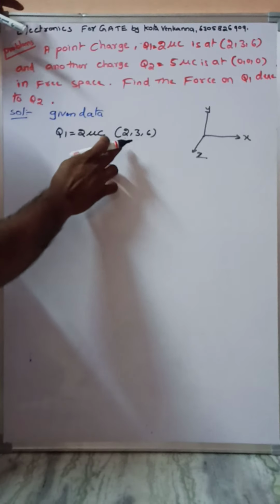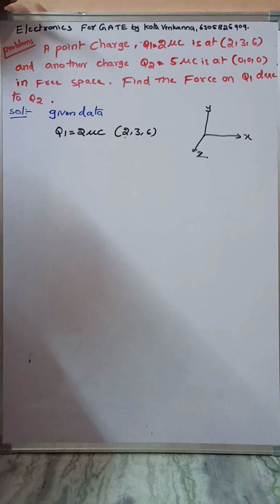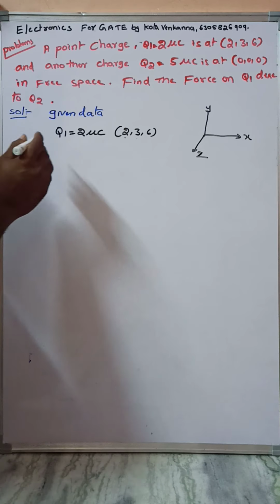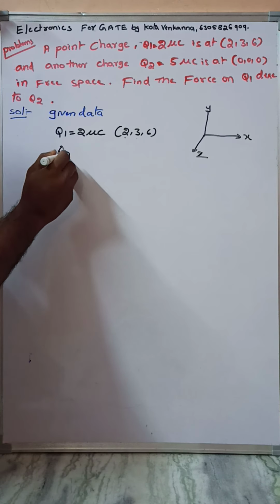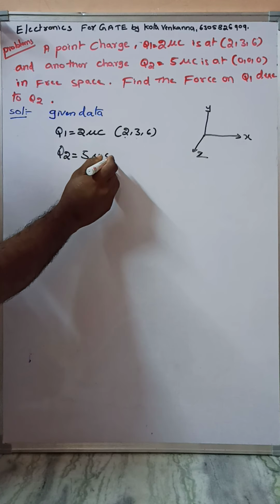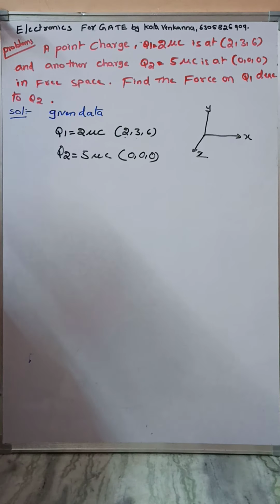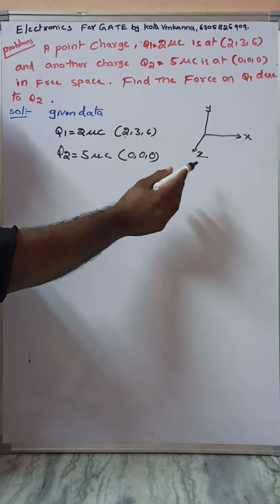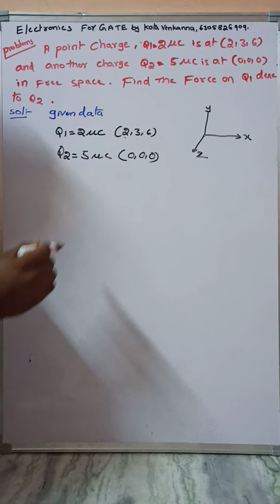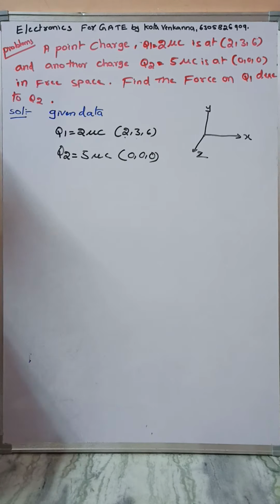It is written as 2 ax plus 3 ay plus 6 az. Similarly, the charge Q2 equals 5 microcoulomb is at the point (0, 0, 0). So Q2 is placed at the origin, because the x, y and z coordinates are all 0.